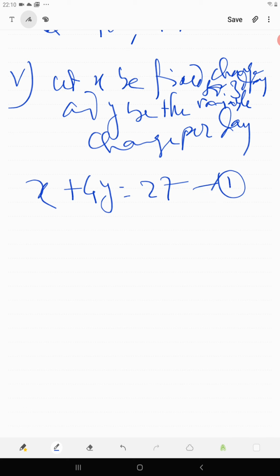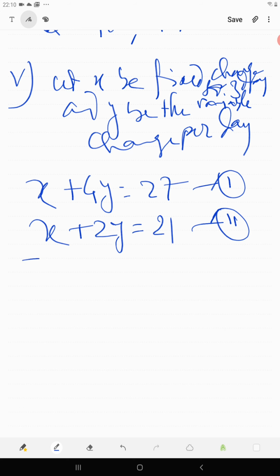The next equation is: Susi paid rupees 21 for the book she kept for 5 days. So for 3 days she is paying x again. For the next 2 days she is paying 2y rupees, and the total she is paying is 21 rupees. This is our equation 2. So multiply both equations by 1 only, because x is the same, so I am not doing anything. Let's do it by subtraction.